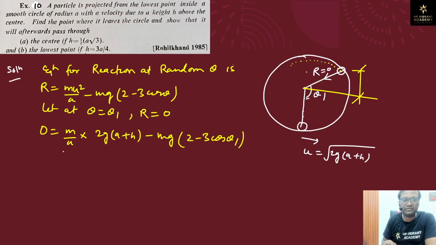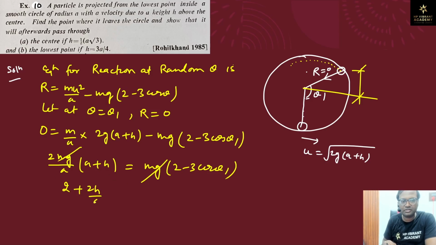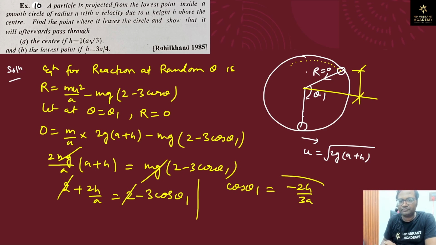So we have 2mg(a plus h) upon a is equal to mg(2 minus 3 cos theta 1). mg gets cancelled. So 2 plus 2h upon a is equal to 2 minus 3 cos theta 1. The 2 gets cancelled, so cos theta 1 is equal to minus 2h upon 3a.